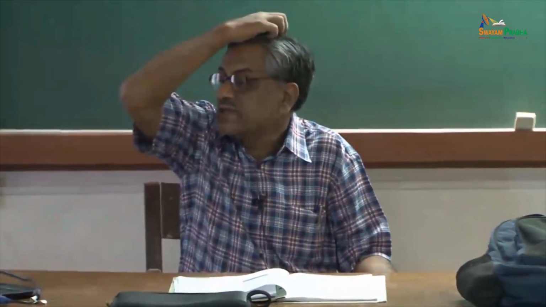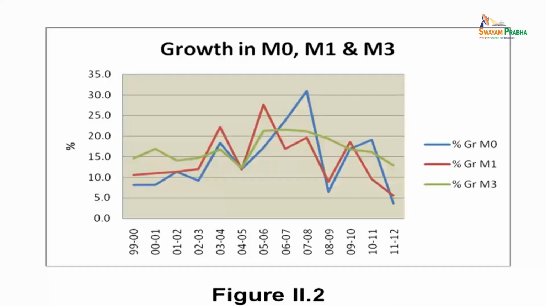Next, the growth rates, and you will see, I will give you standard deviation, etc. You can clearly see the blue line growth rate is the most erratic. Why? Of course, as I told you, if anything hits the economy like an earthquake or shocks, it will first hit the monetary base.